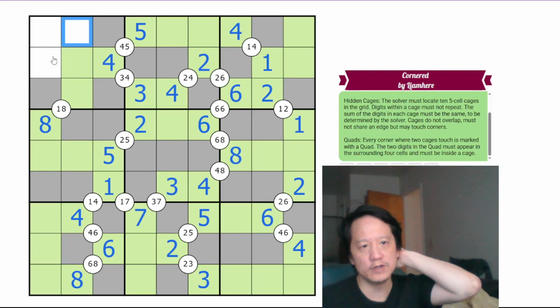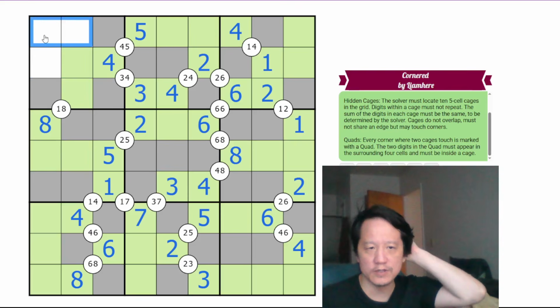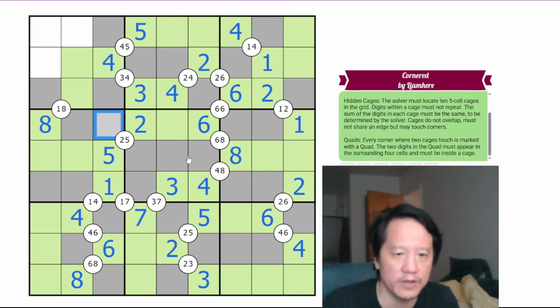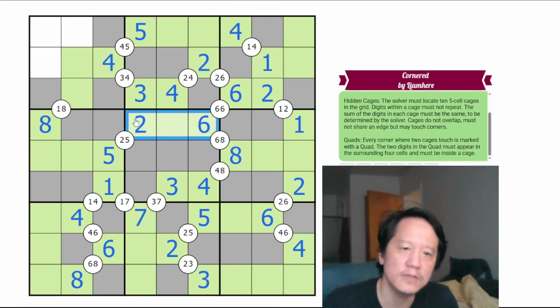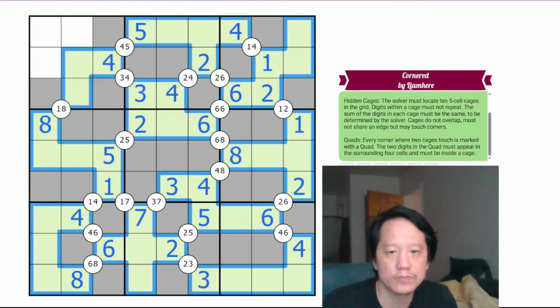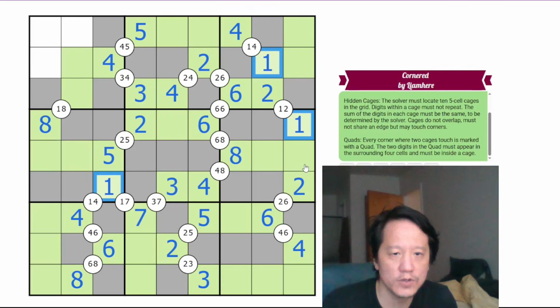And we don't know about where this cage is here. Could be both of these, could be just one of these with this cell. And all of these add up to the same sum. We don't have enough ones.